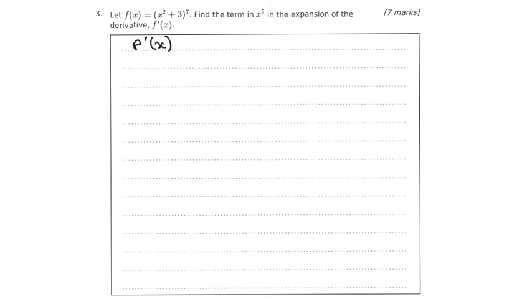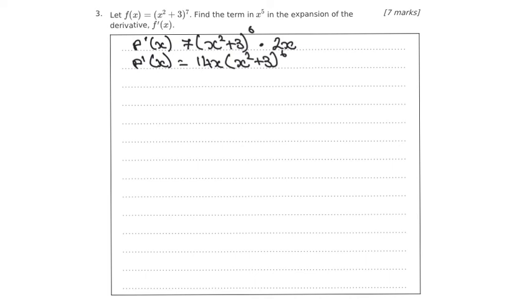it's a chain, so multiply by the 7, the bracket stays the same. Take 1 off the power, then multiply by the derivative of the bracket, which is 2x. So f dash x is equal to 14x (x squared plus 3) to the power of 6.